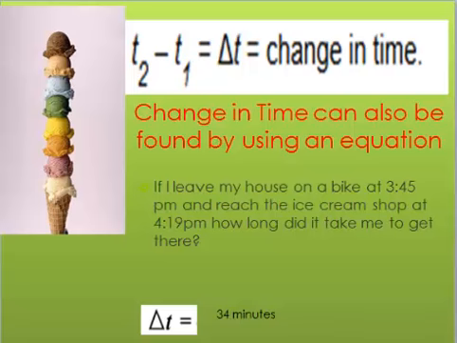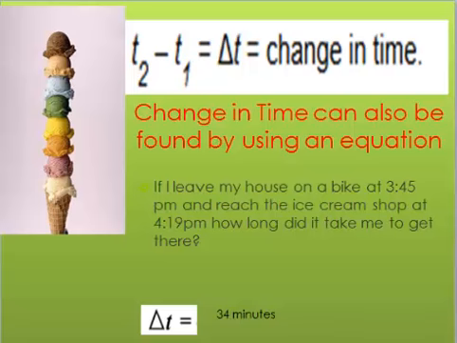So I know that from 3:45 to 4:15 is 30 minutes, and then I add an extra 4 on there from 15 to 19. So that gives me a total change in time of 34 minutes. Not 34 hours or 34 seconds, but 34 minutes.